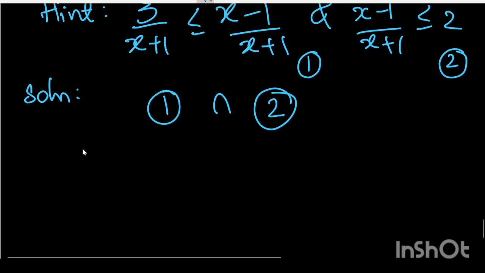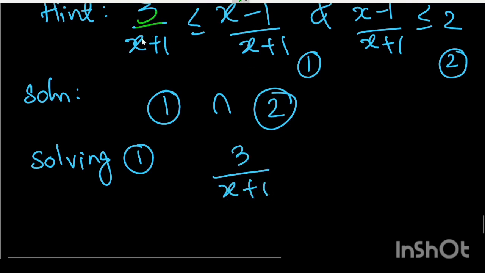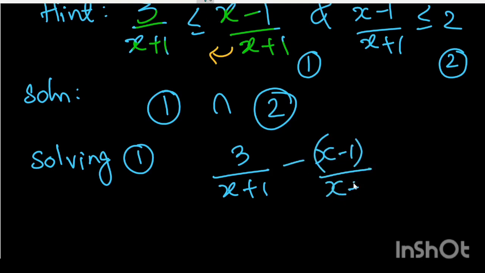So solving the first one, which is 3 upon x plus 1 less than equal to x minus 1 upon x plus 1. I will take this to this side. So in the next step, this becomes 3 minus x minus 1 upon x plus 1 less than equal to 0, guys.